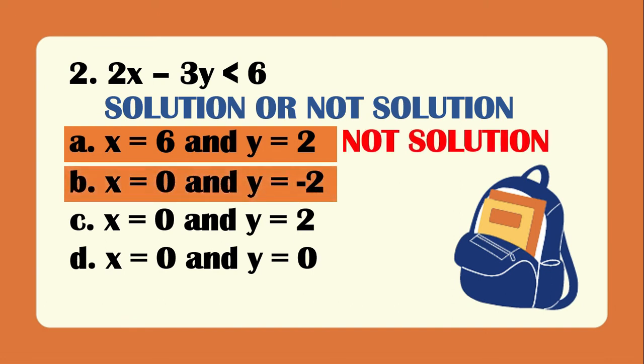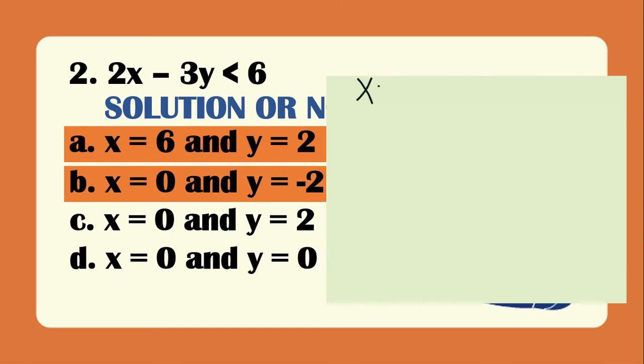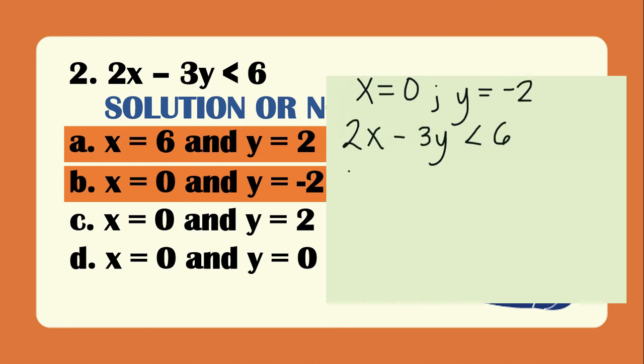How about if x is 0 and y is negative 2? Substitute the value of x and y. So we have 2 times 0 minus 3 times negative 2 less than 6. So we will have 2 times 0, that is 0.